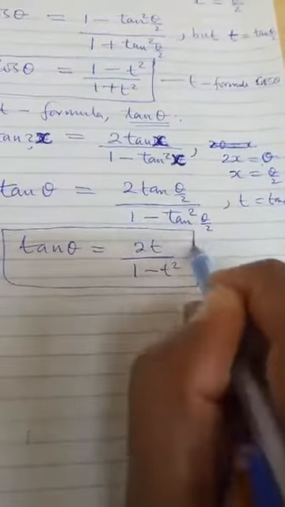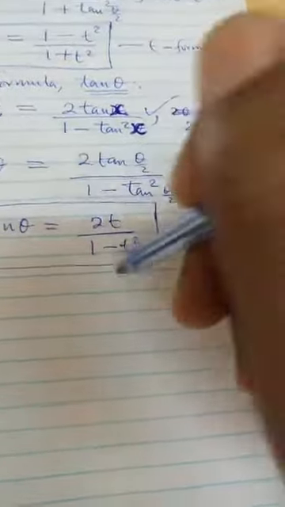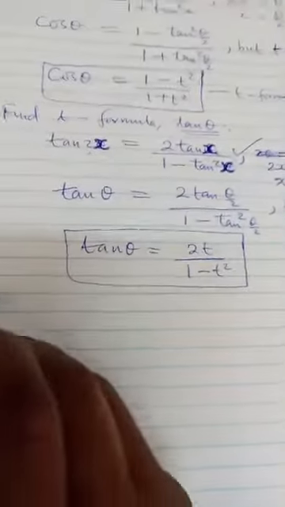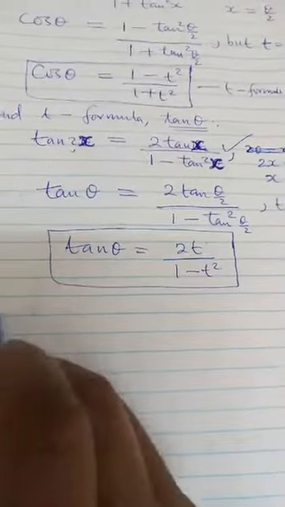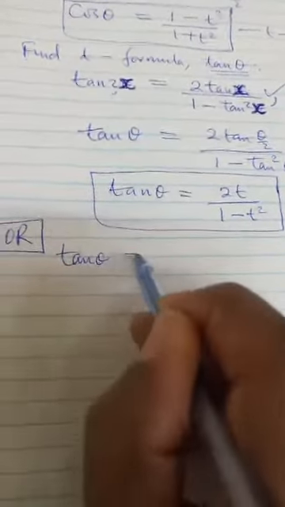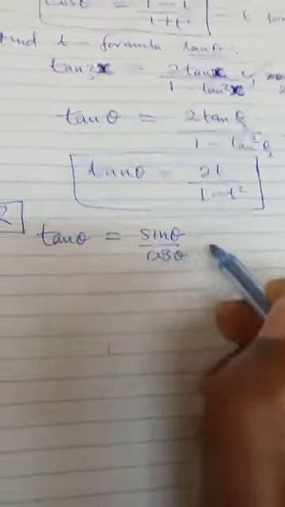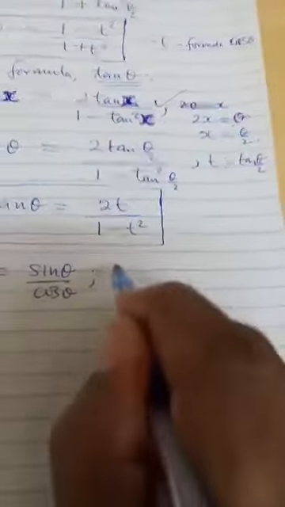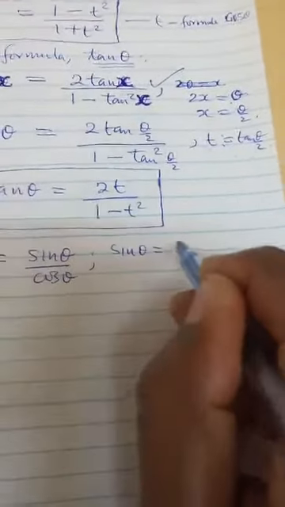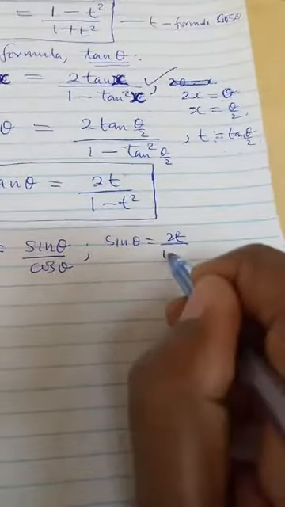For it, because it is already in tan, we simply do the conversions here and we substitute in and we are there. But the other alternative that I told you can be used here for tan theta specifically is that tan theta is the same as sin theta over cos theta. And we have already got the expression for sin theta as 2t over 1 plus t squared.